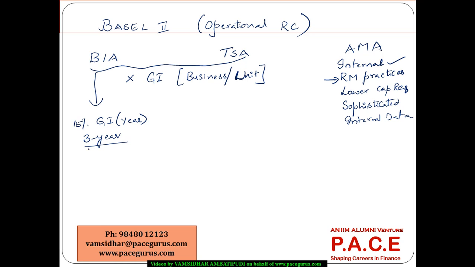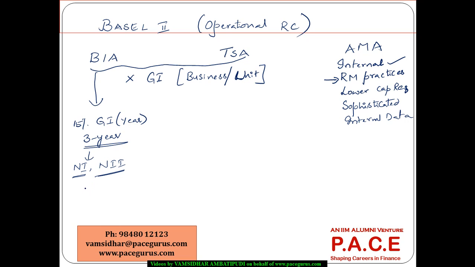So you take the average of the last 3 years gross income and multiply it by 15%. So when I'm saying gross income here, I'm looking at both interest based income, net interest income, as well as non-interest income also. So all incomes put together. And if it is negative, it would not be counted. Only if it is positive, it would be counted.